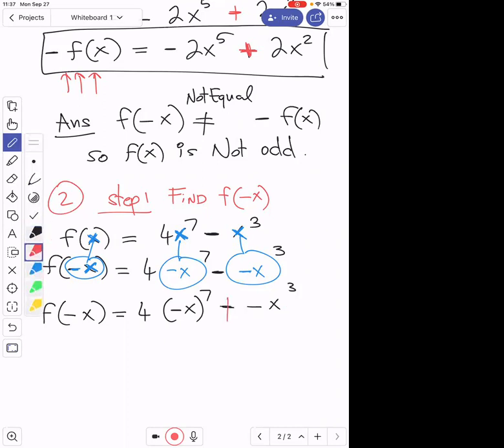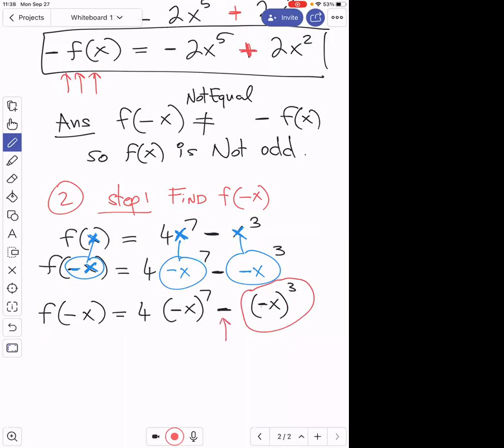But because of the parentheses, you have to do the exponent first, before applying the minus.